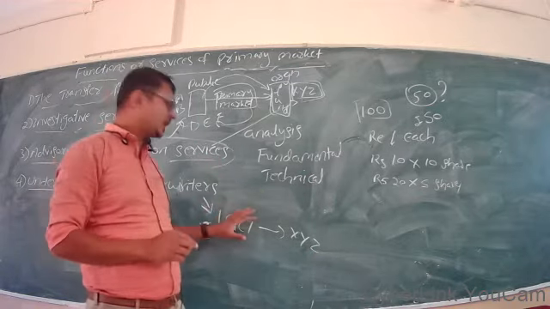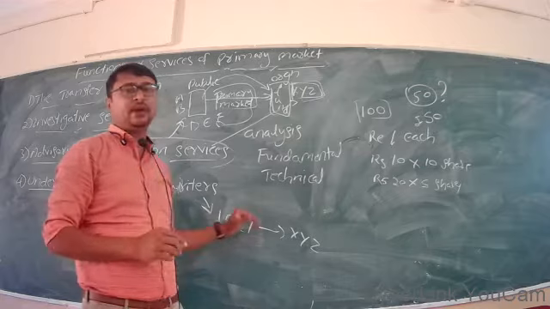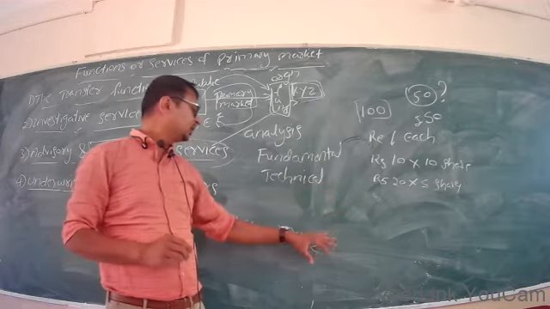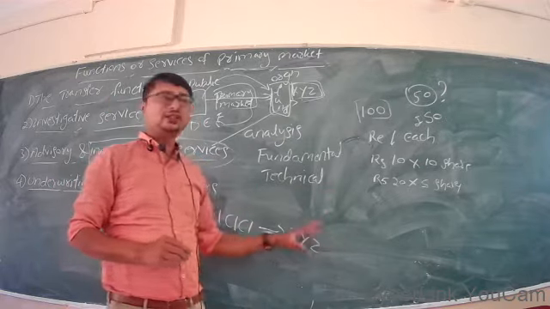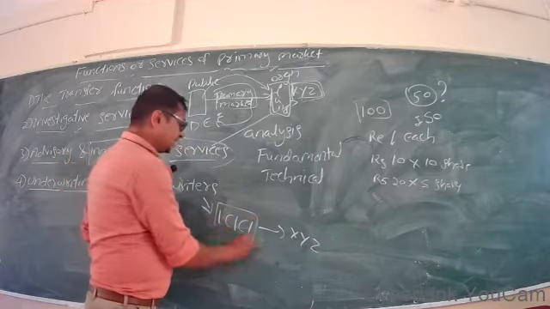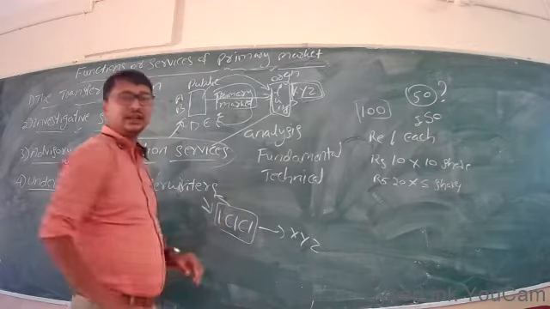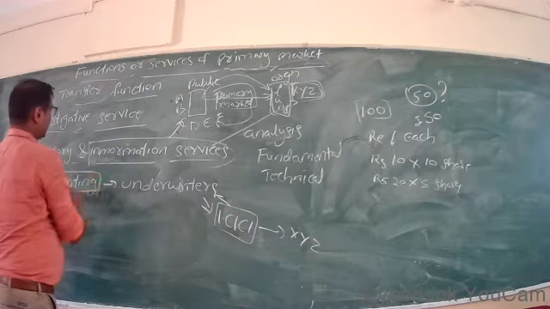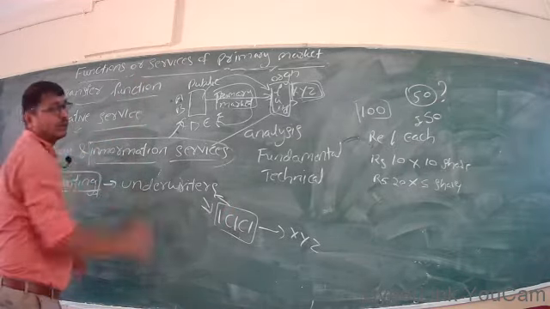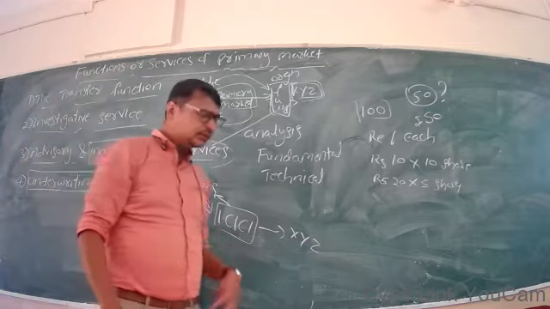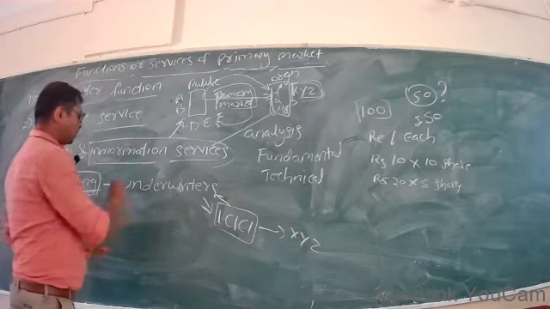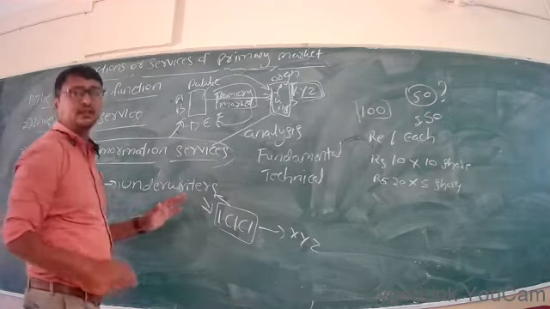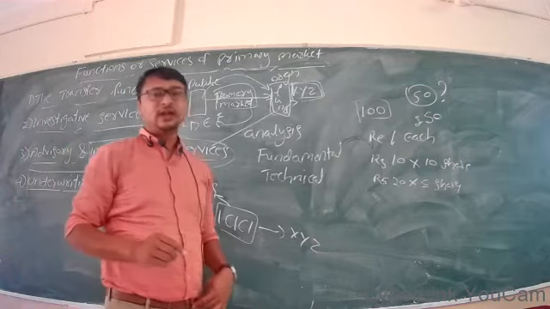Then ICICI Bank is called an underwriter, and this underwriting facility is again provided by the primary market. We will study in detail who underwriters are and the process of underwriting in the next few sessions.